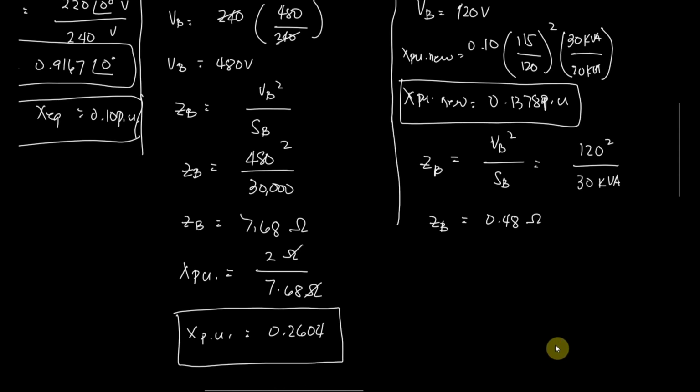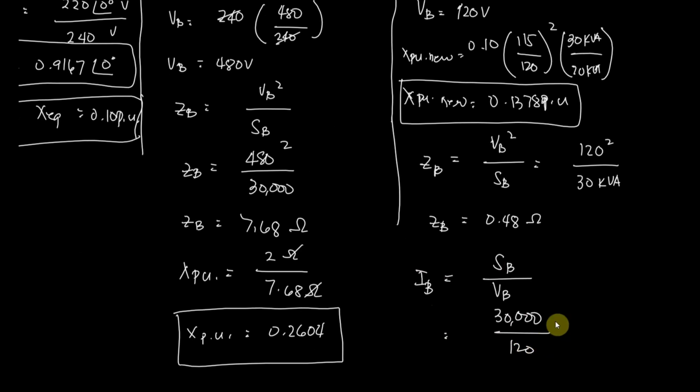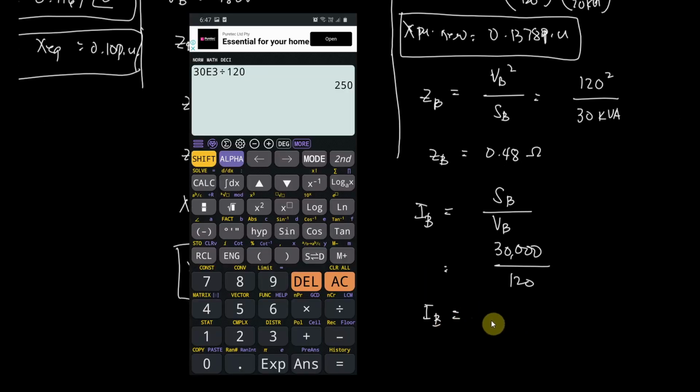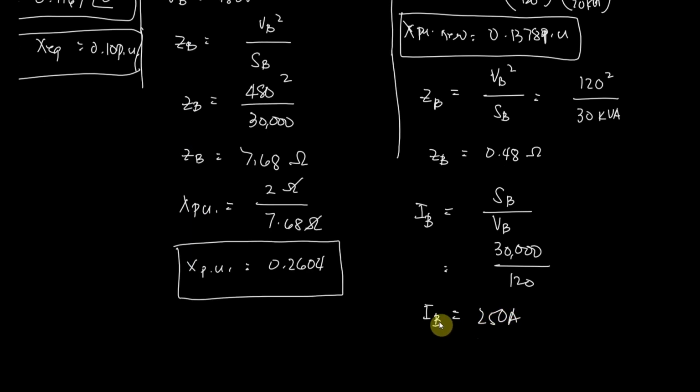Then our base current is equal to base power divided by base voltage, so 30,000 divided by 120 is equal to 250 amperes. So we now have the base current and the base impedance of the load.